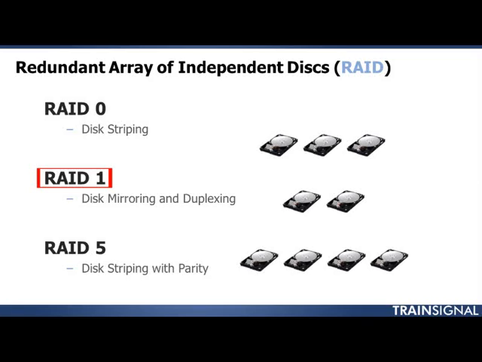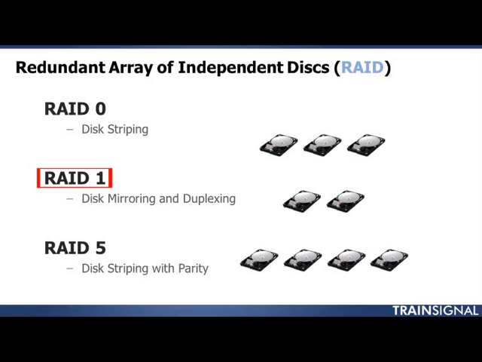Now, besides the fault-tolerant aspect of RAID 1, I will also tell you that there is a performance benefit because the data, since it's existing on both disks simultaneously, that means that when you're reading the data, these days they've now created RAID 1 controllers that give you the ability to read some of the data from one disk while you read the other half of the data from the other disk simultaneously. Therefore, you again get an improved performance benefit.